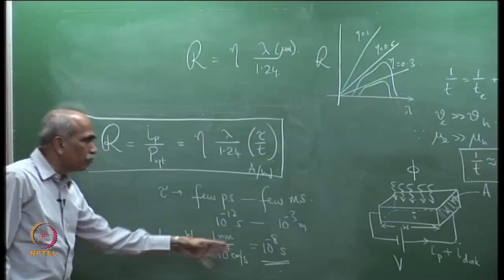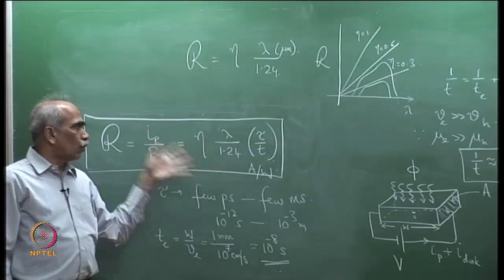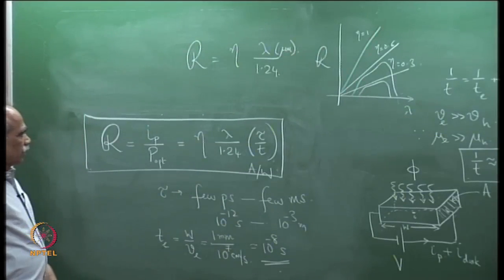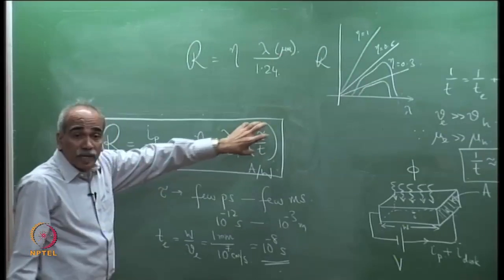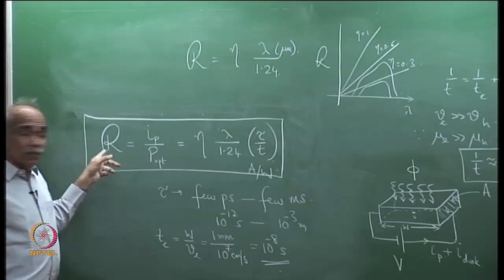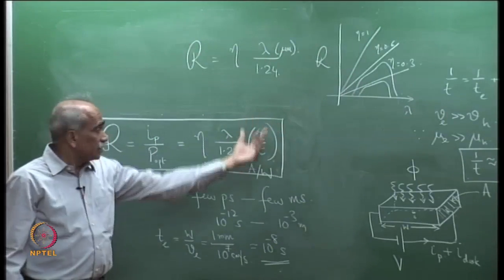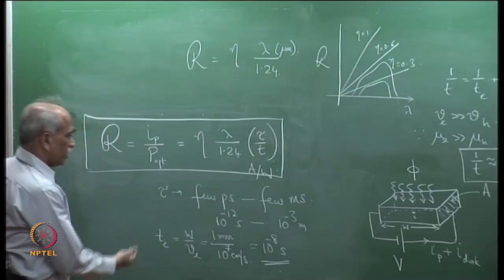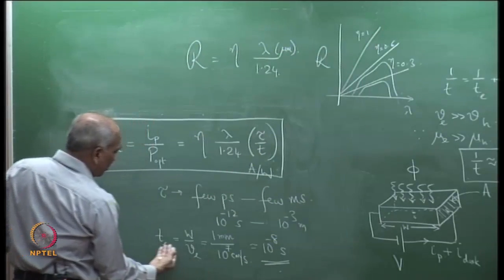We are putting some numbers to get a feel for what kind of factor this is. If this factor is greater than 1, it means responsivity has a gain. There is a gain factor, and indeed photoconductors provide gain because of this.